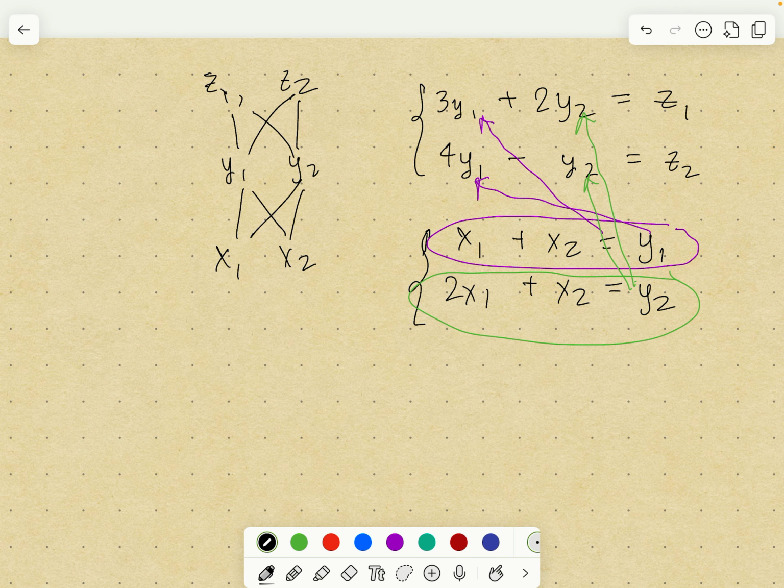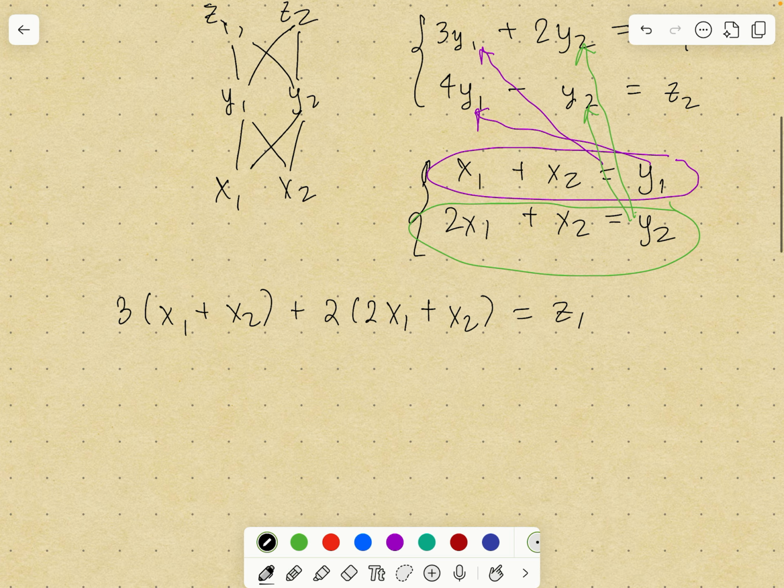So what do you get when you do that? The first equation is 3 times (x1 plus x2), replacing y1, plus 2 times (2x1 plus x2), replacing y2, equals z1. For the second one, it's 4 times (x1 plus x2) minus (2x1 plus x2) equals z2.